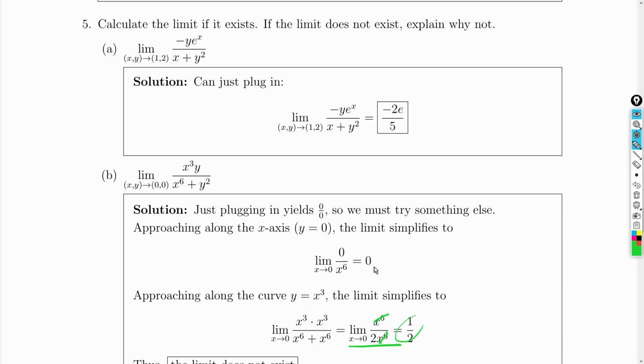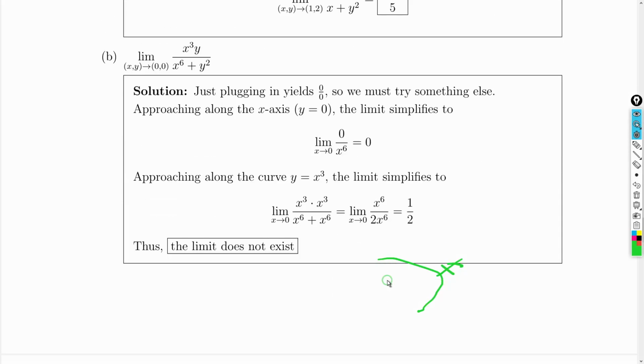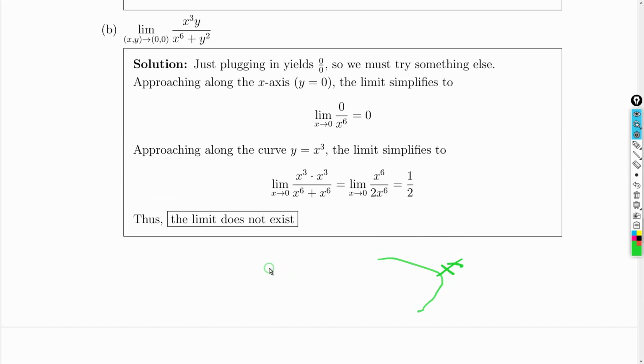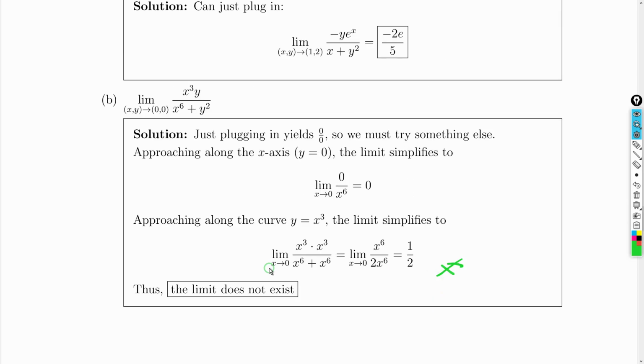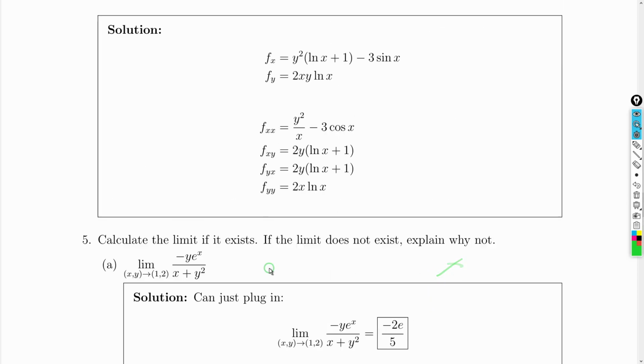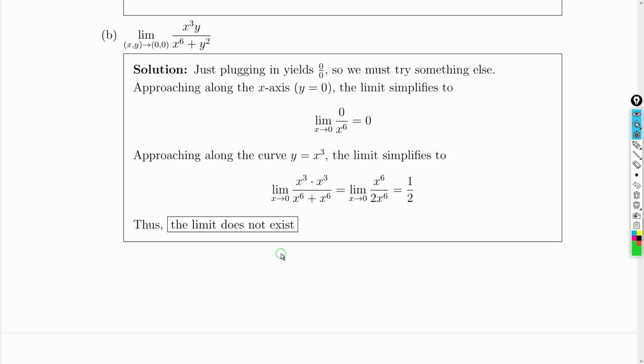And now the point is that these two values are not equal, which means that the limit doesn't exist. Let me see. Explaining why not, perhaps another sentence is needed to say why we can conclude.